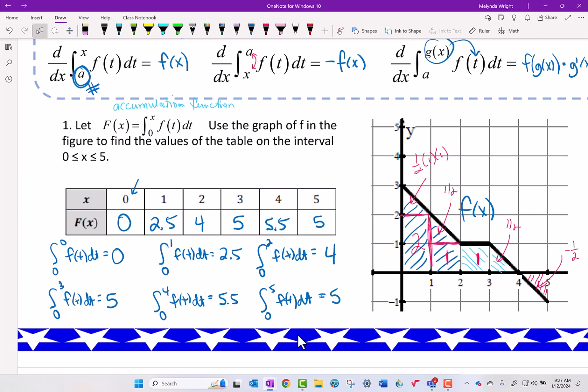And I want to explain to you what we actually have found. What do those numbers represent? So this is the derivative, right? This is a picture of the derivative. What we just calculated with these integrals is position numbers.